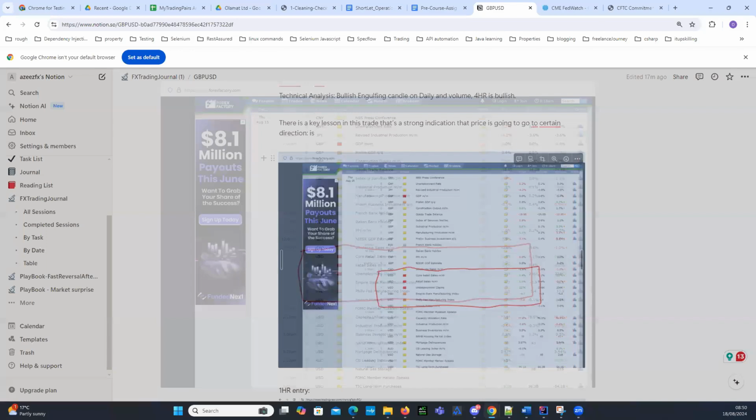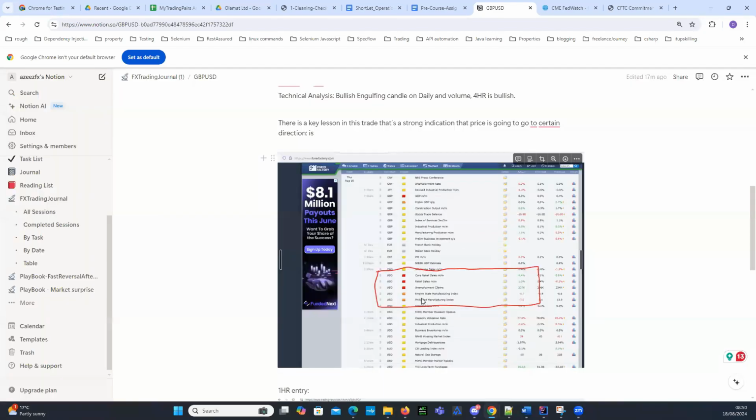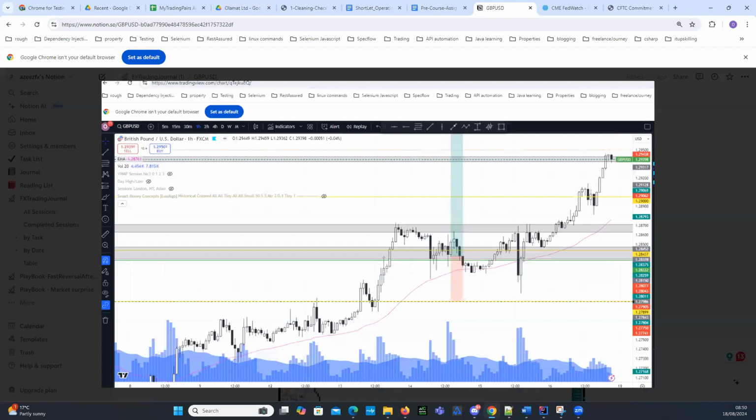I'm going to come back to the USD data on this day. For now, let me show you the technical that I saw. After I look at all these fundamentals, let's look at the technical. I saw that GBPUSD was going up at this point, then it came down to pull back here.